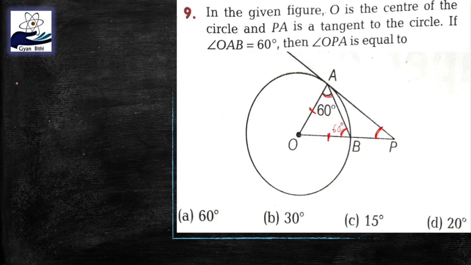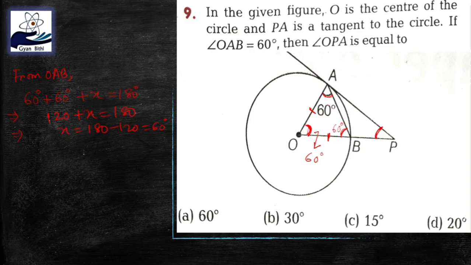Now from triangle OAB, 60 degrees plus 60 degrees plus, suppose this angle is X, equals 180 degrees. Here we are applying the angle sum property. So 120 plus X is equal to 180, X is equal to 180 minus 120, meaning 60 degrees. So this angle is also 60 degrees.